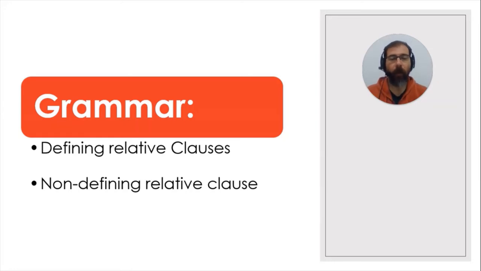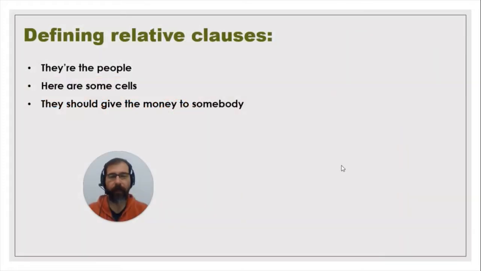Today, we're going to see the difference between defining relative clauses and non-defining relative clauses. Let's talk about defining relative clauses first. Let's analyze these three sentences. They are the people. Here are some cells. They should give the money to somebody.